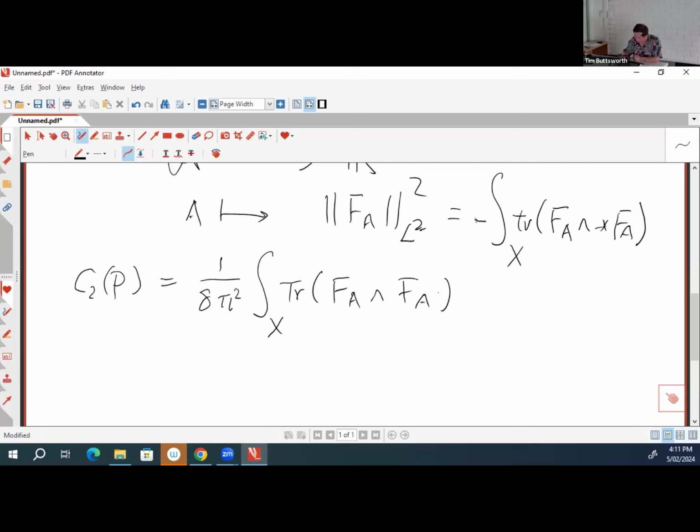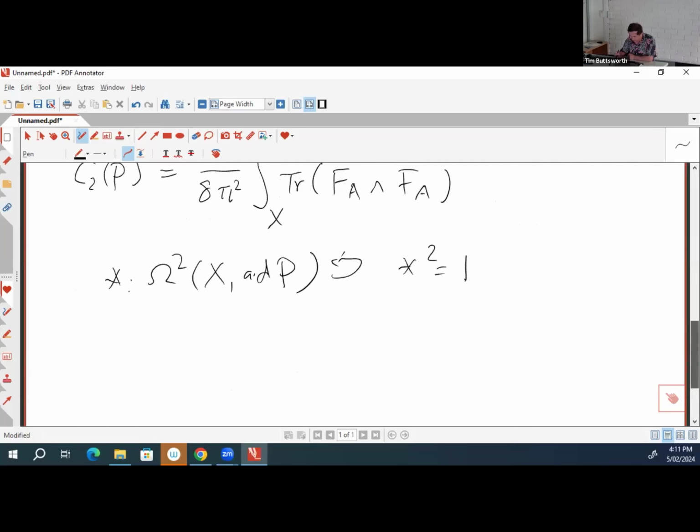And then you can see that I already have a star operator on the two-forms, with any associated bundle valued two-forms, and the square is the identity. So we can look at the positive and negative eigenspaces of this star operator.